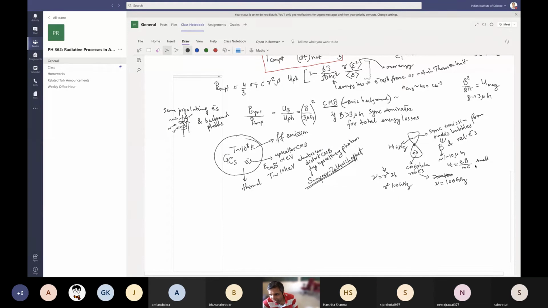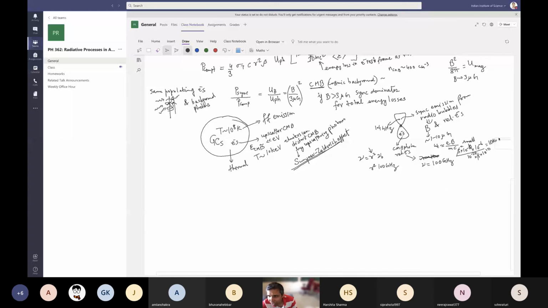Similarly, let's plug in the cyclotron frequency. The typical number is 10 to the minus 5. So 5 times 10 to the minus 10 is e in esu, B is 10 to the minus 6, 1 microgauss, 10 to the minus 27 is the electron mass, and 3 times 10 to the 10 is the speed of light. Ignoring factors of order unity, what do we get? It's about 10 hertz.